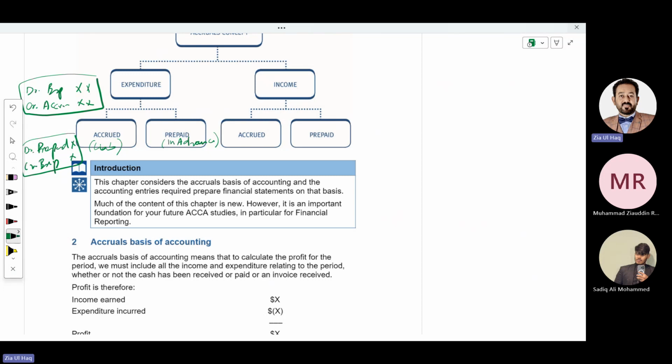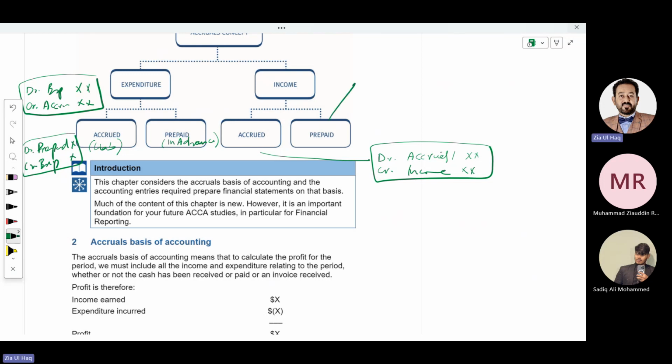In a similar way, income could be either accrued or prepaid. Accrued means relating to current but needs to be settled in future. This means we need to receive the amount in future. In that case, we will record debit accrued income and credit income. Our income could be prepaid, meaning we have received in advance, but we need to provide services in future.